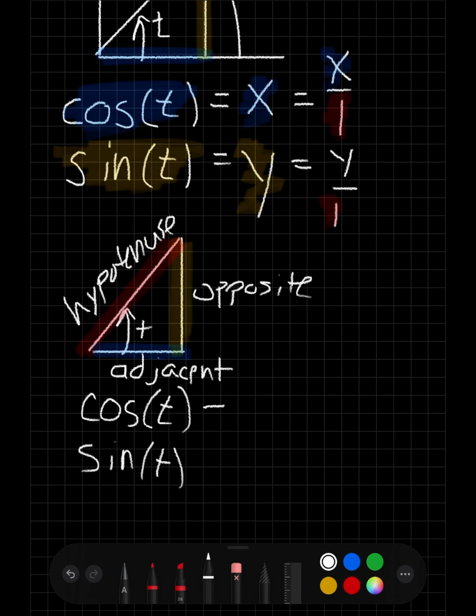And now we know that the cosine was equal to our blue side over our red side, our adjacent over our hypotenuse. And our sine is equal to our opposite side over our hypotenuse.